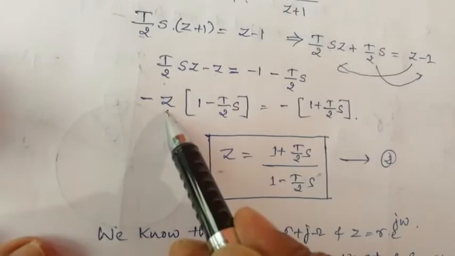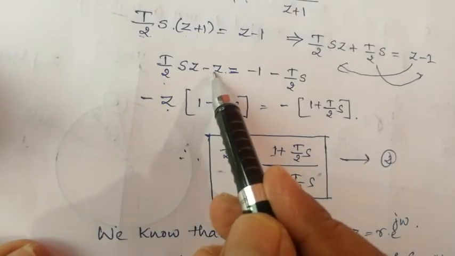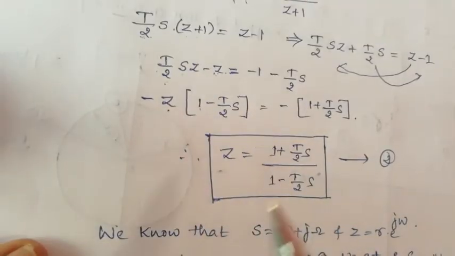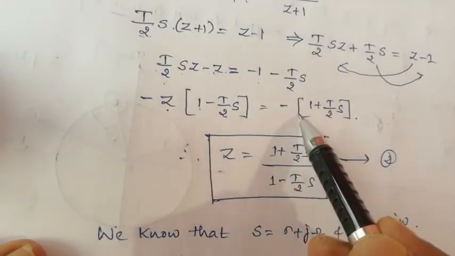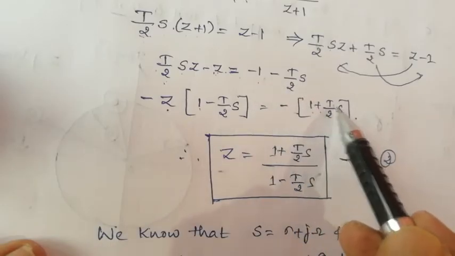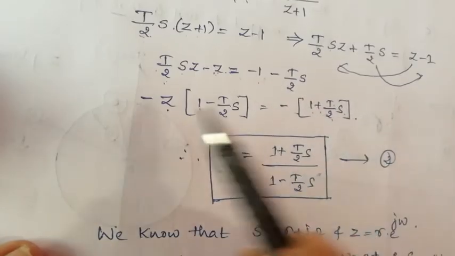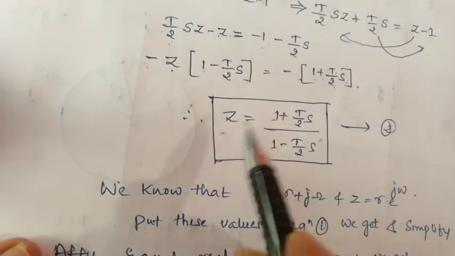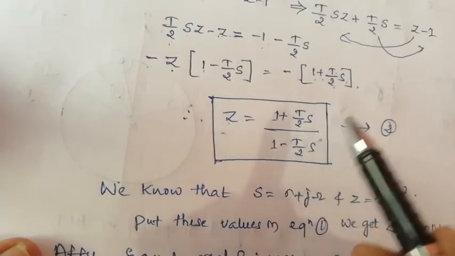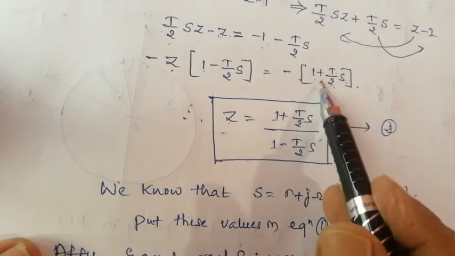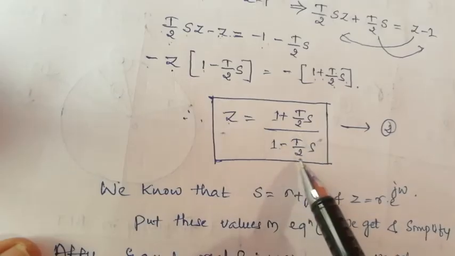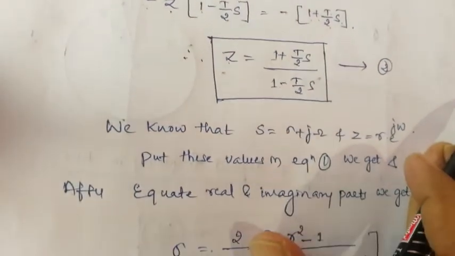Let us take minus z common. If I take minus z common, what is left is 1 minus T by 2 s. Similarly here I will take minus 1 common. What is left? 1 plus T by 2 s. Now the minus minus cancels, hence z equals 1 plus T by 2 s divided by 1 minus T by 2 s. Let us call this equation 2.